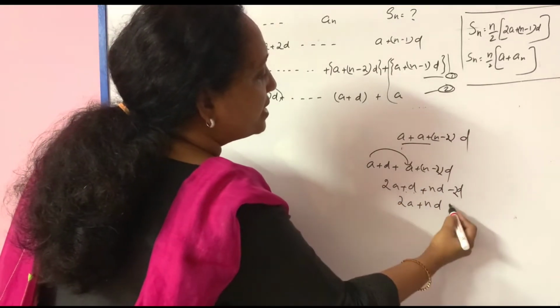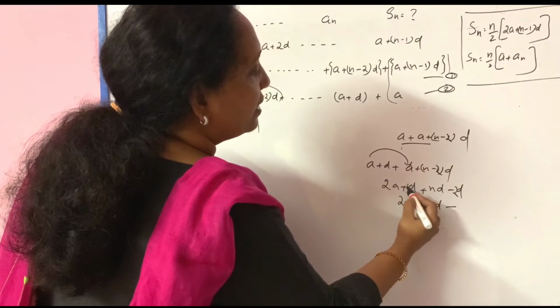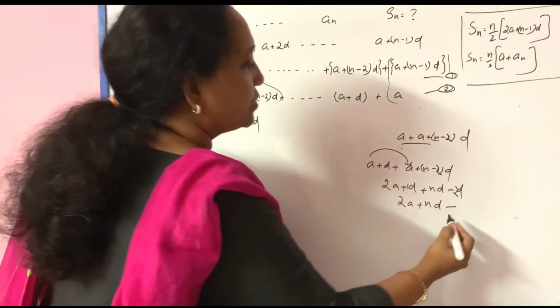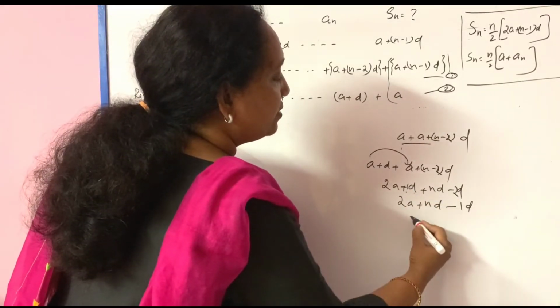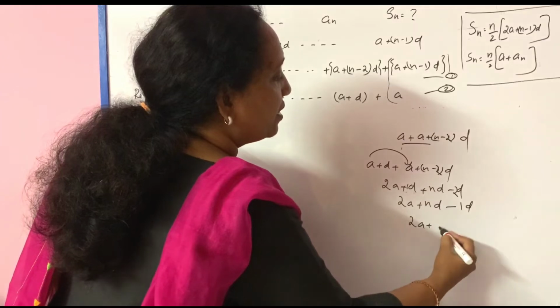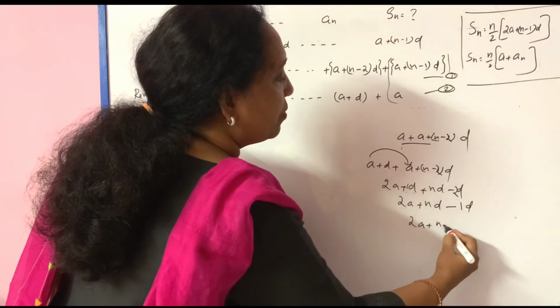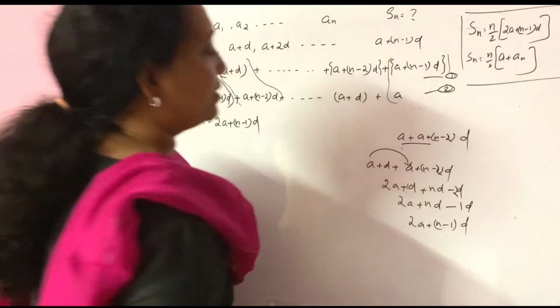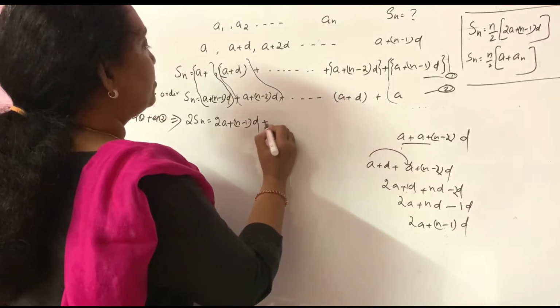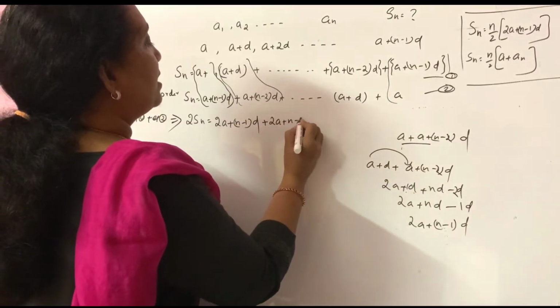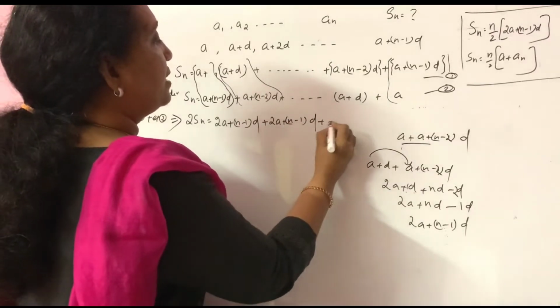Plus 1d minus 2d, plus 1 minus 2 is minus 1, so minus 1d. Now 2a plus, when you take d common, you will get n minus 1 into d. So here also you get 2a plus n minus 1 into d.